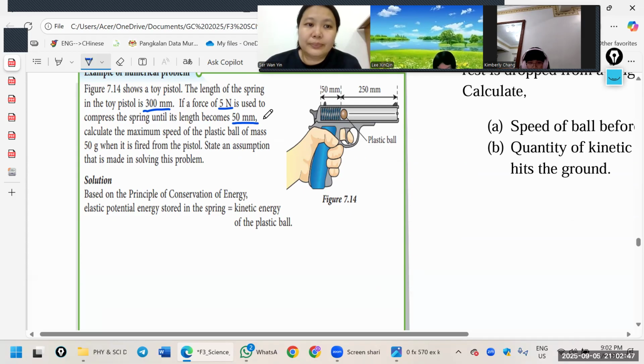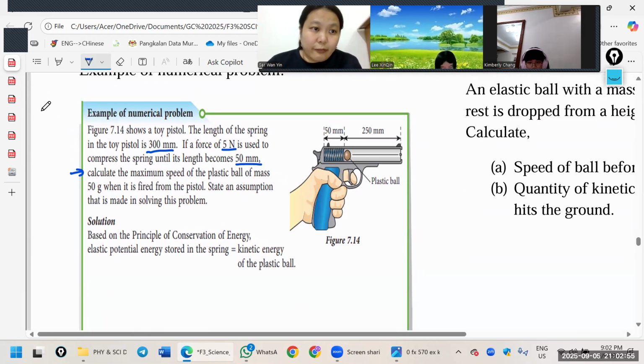Let's write the info first. Force is 5 newtons. Then the spring has x. What is x, everyone? By how much did the spring change? Kimberly, how much did the spring change? Is it 350? Right, it's 250. It goes from 300 to 50, so it becomes shorter by 250. Yes, 250 mm.